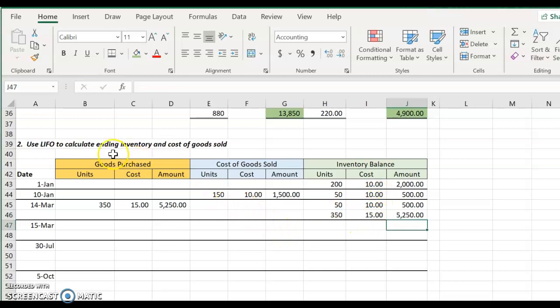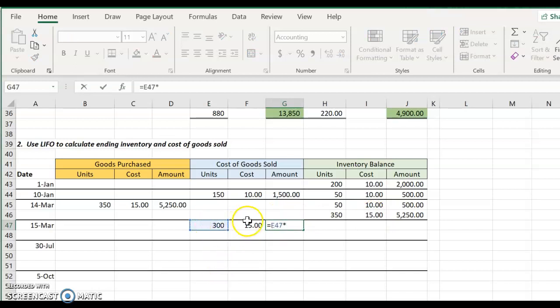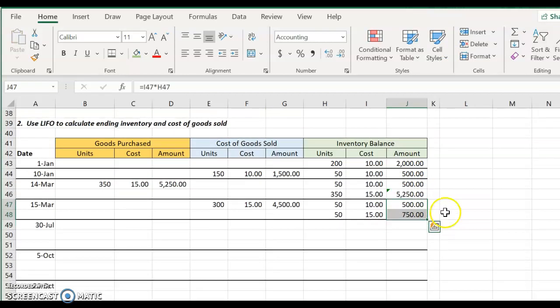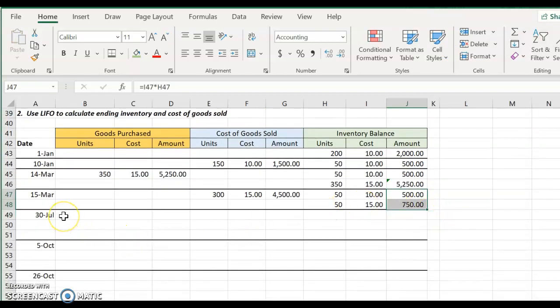On the March 15th sale, we're selling 300. We're going to take that whole 300 out of the last batch of $15. And so what we have left, we still have the 50 at 10, and we have 350 minus 300 at 15. And then we go to the 30th of July.